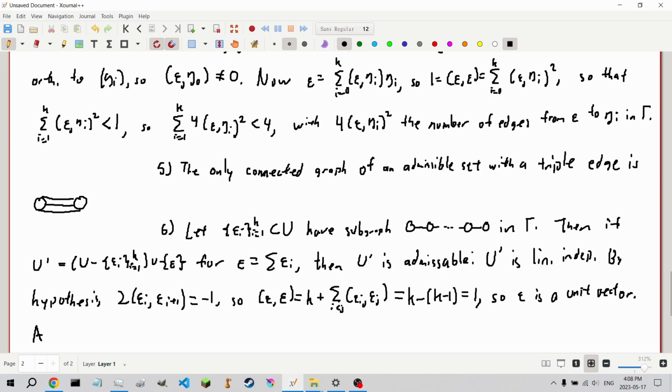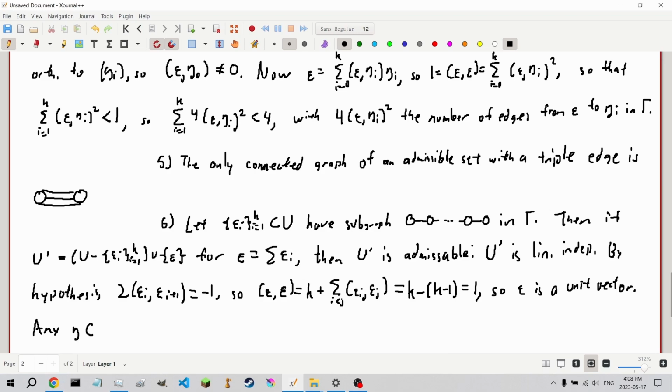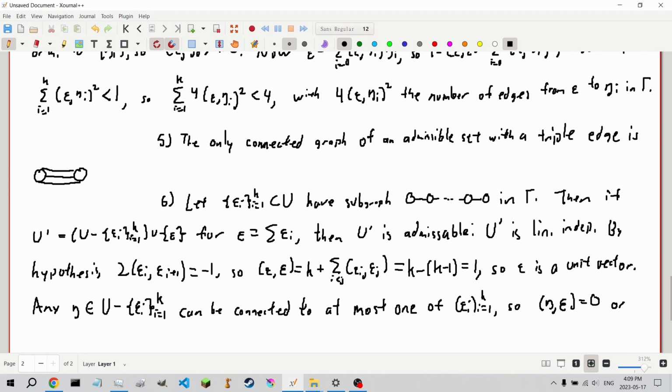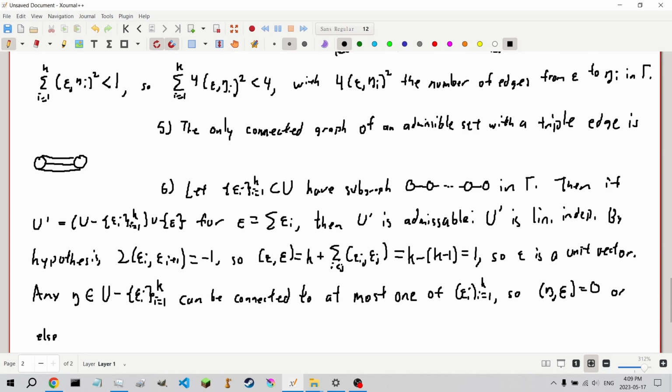Then we have that any eta in U minus these epsilon_i from 1 to k can be connected to at most one of the epsilon_i's, so that the form of eta with epsilon is 0, or else the form of eta with epsilon is the form of eta with epsilon_i for some i.